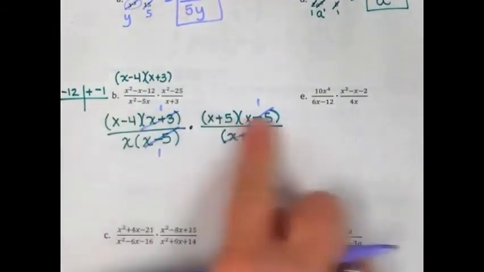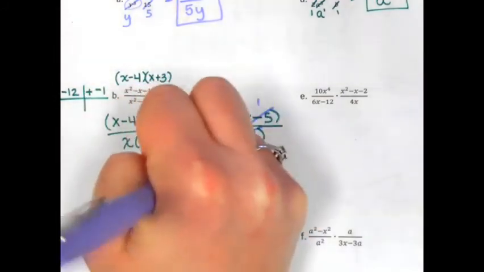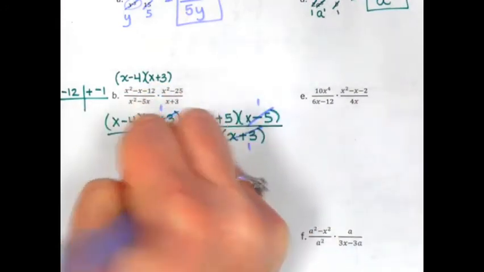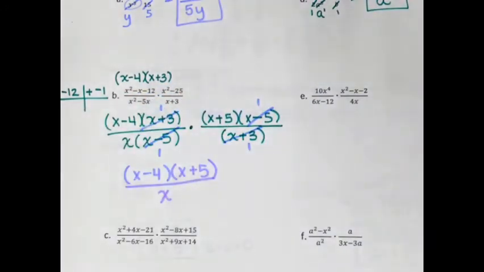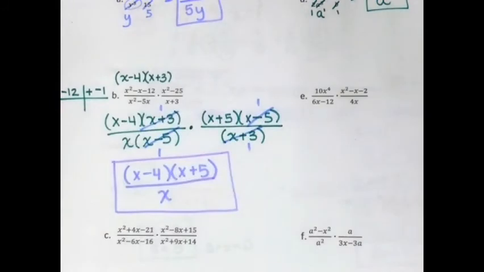No, so we're going to go ahead and multiply straight across. I'm going to have x minus 4 times x plus 5 all over what? That's over x, right? And there you go. I am not going to make you have to FOIL out that top again. So you can leave it as x minus 4 times x plus 5 over x.